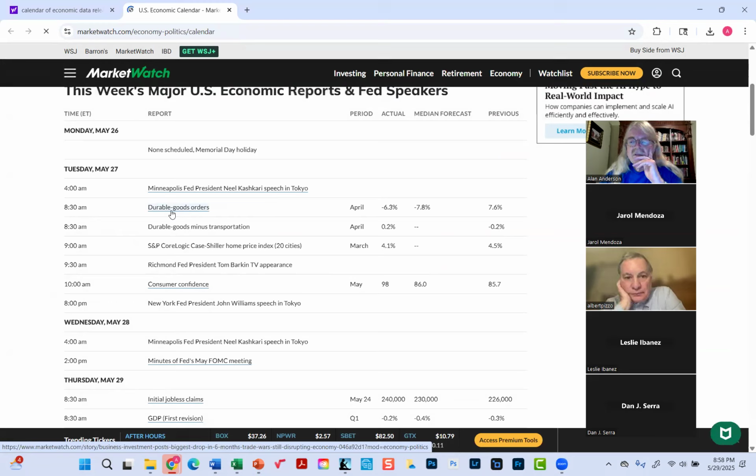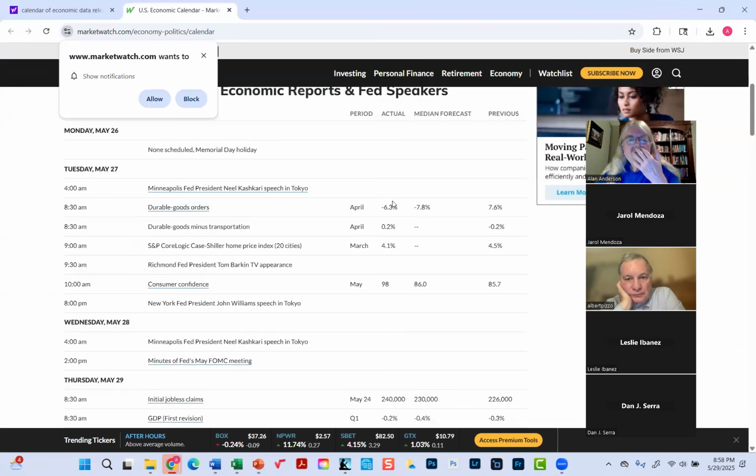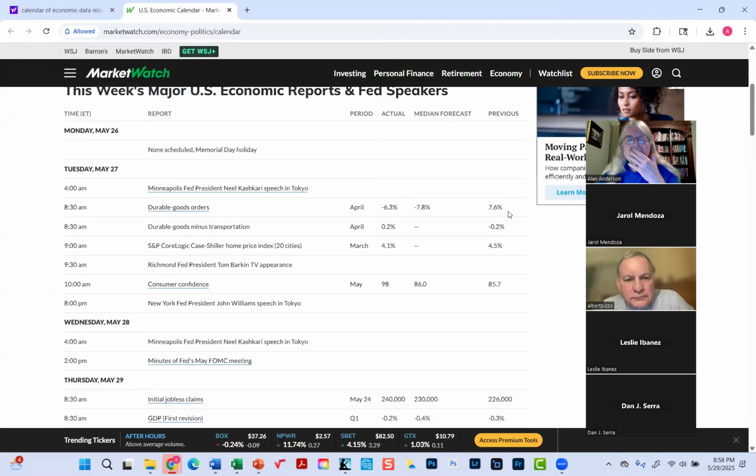Now, durable goods are the ones that are very expensive and are usually financed with credit, like cars and appliances and furniture and stuff like that. When this one goes down, that might not be such a good sign. It might mean that people are nervous about the future. So they said here, the forecast was negative 7.8. It was actually negative 6.3. So in a way, that could be considered good news because it didn't go down quite as much as expected.